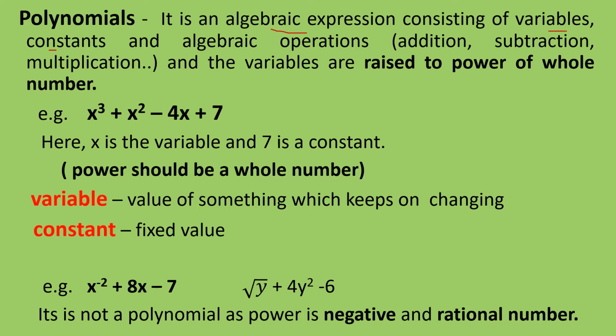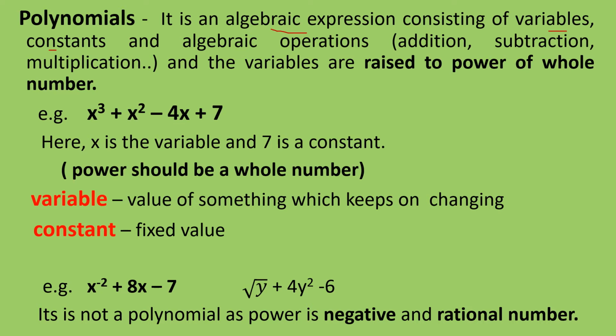But in algebraic expressions, the power of the variable can be anything. It can be an integer, that means positive or negative, and the power can be a rational number also, like 1 by 2 or minus 1 by 2.